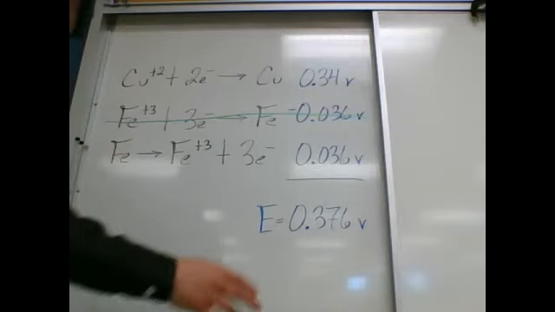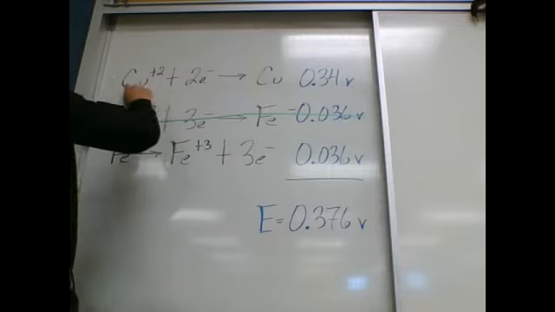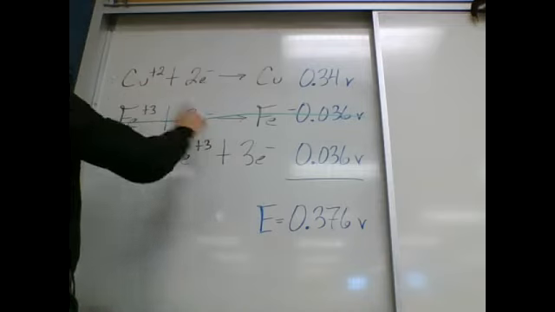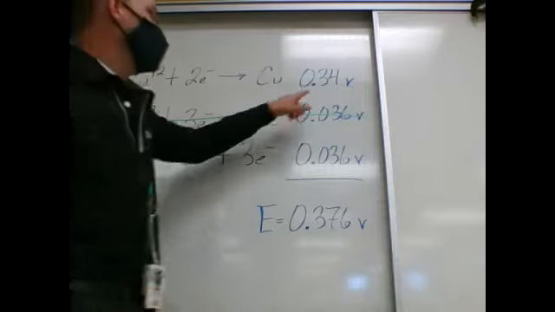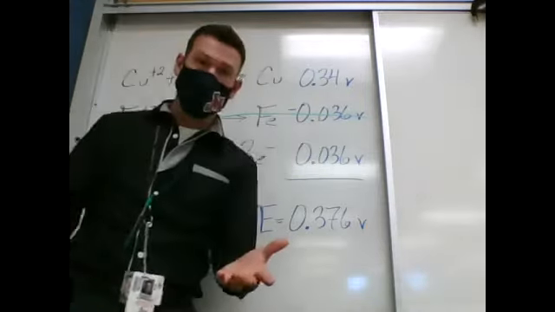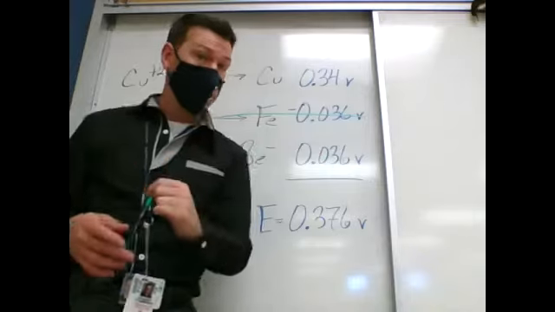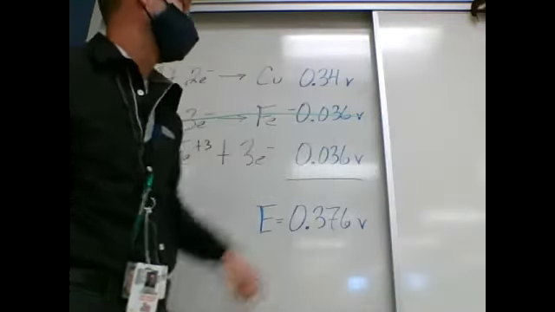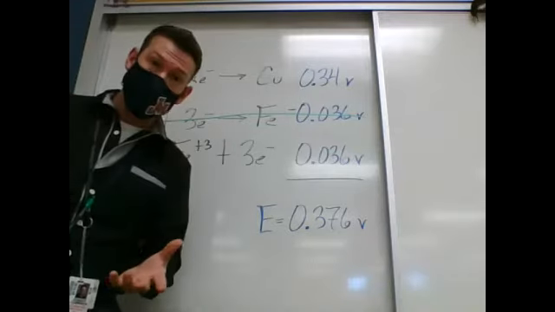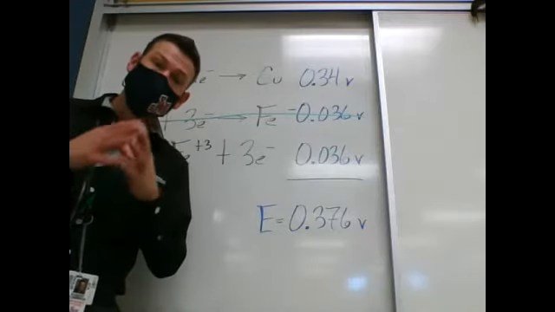So what I did was I wrote initially copper as reduction and iron as reduction, based on what's given at the beginning of the problem. And then I went and looked them up on your table. You can verify your table has them at 0.34 and at negative 0.036. The smaller number lost the battle.